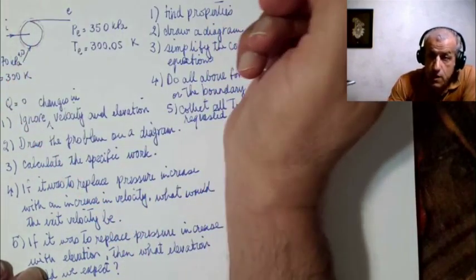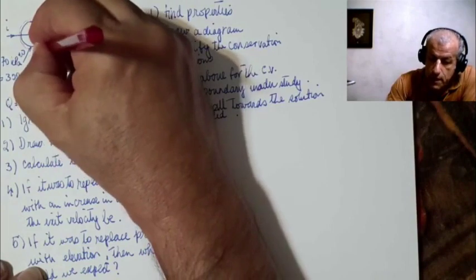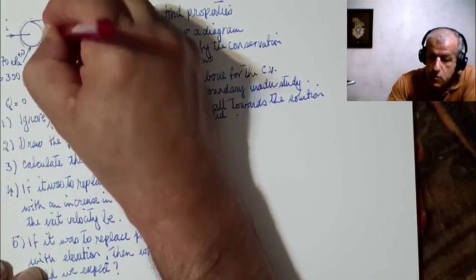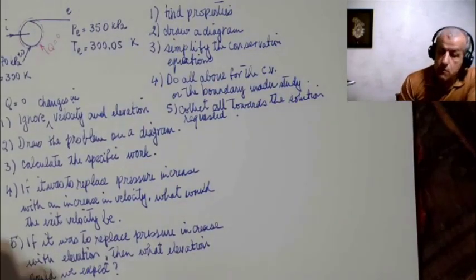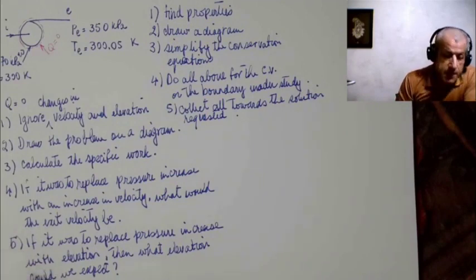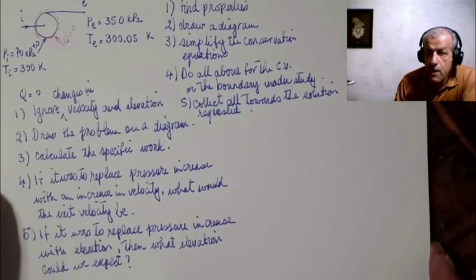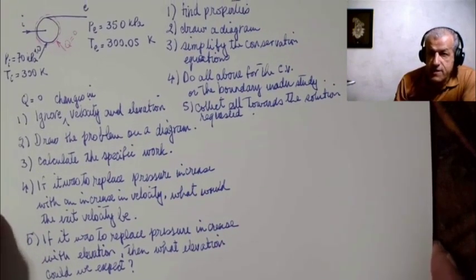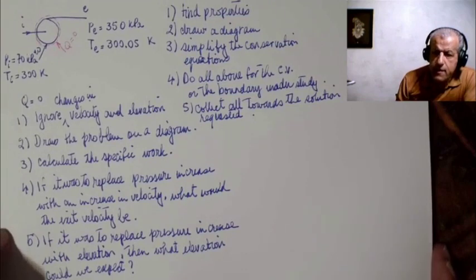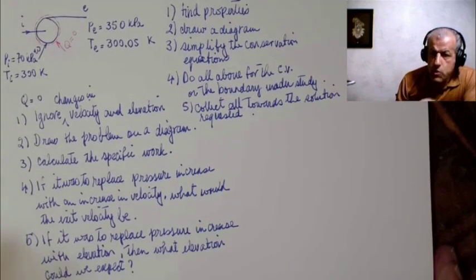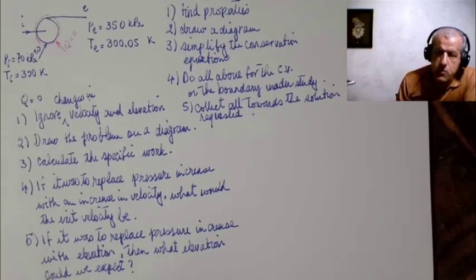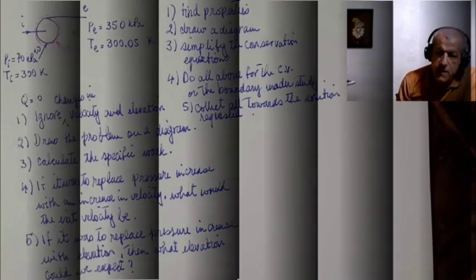There is work added to it, but it says that Q equals 0, and that means that the pump is adiabatic. Now we have all inlet and exit conditions, and there are many ways that we could approach finding different properties.